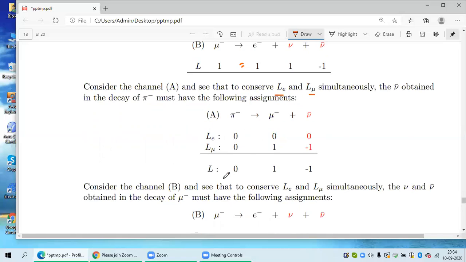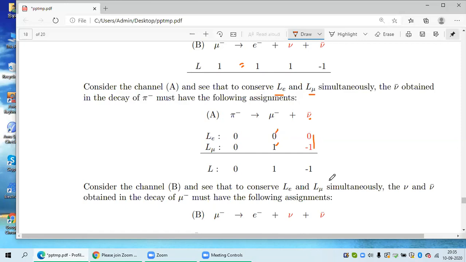Note that L has already been assigned and L is the sum of these two. In that way, L mu is defined. We have assigned Le 0 for mu1 already and L mu 1 for mu1. Therefore, this particle should have this. Clear?